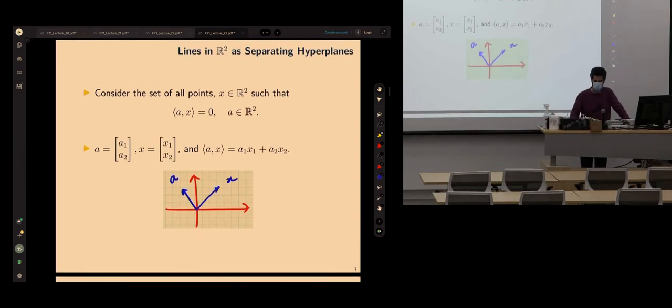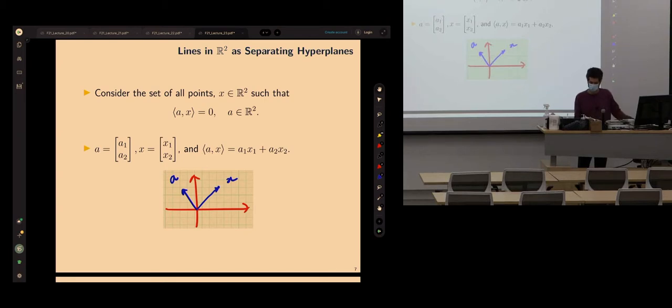A really quick recap. We started looking at lines in a different way. We talked about having a vector A, and that's the normal to the line.